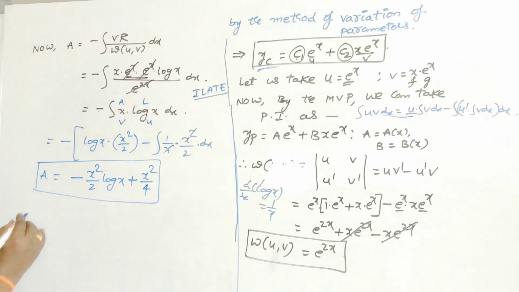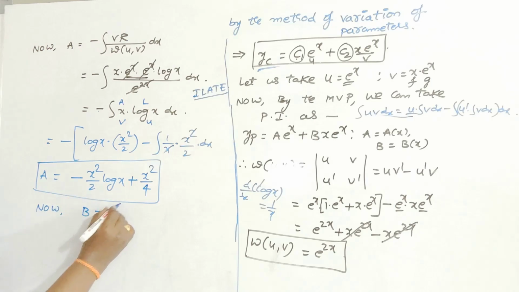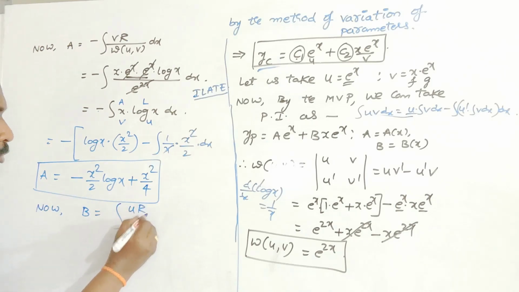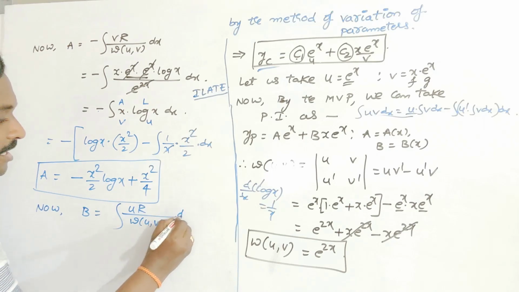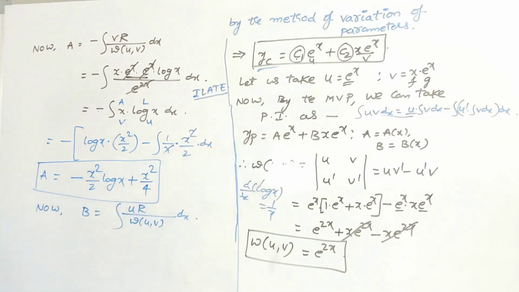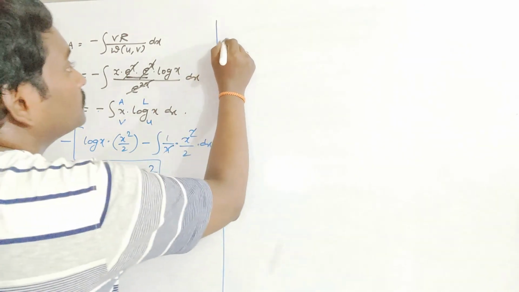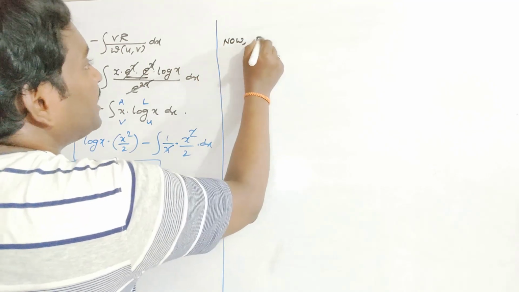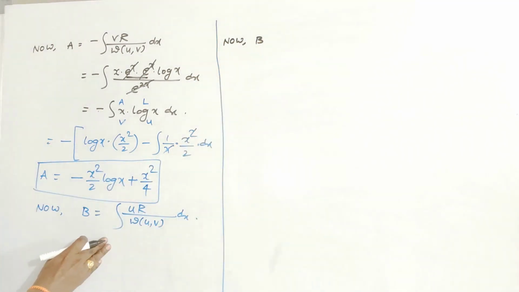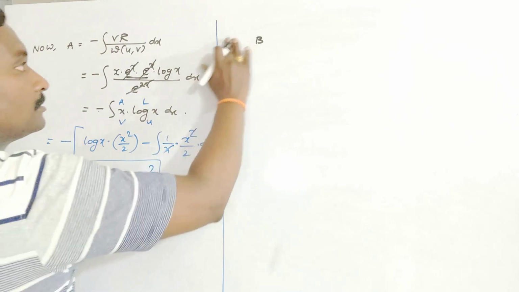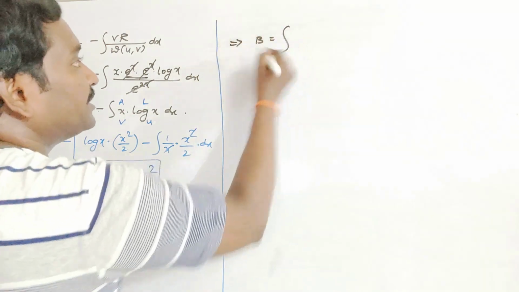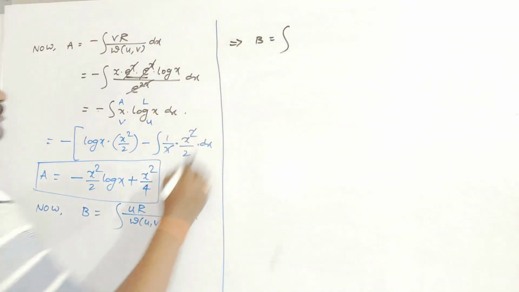Now the b value. The formula for b is nothing but integral of u r whole by the Wronskian of u, v. I will do the simplification on this side. Now b is equal to, already I wrote the formula here, so b is equal to the integration of u. What is u?